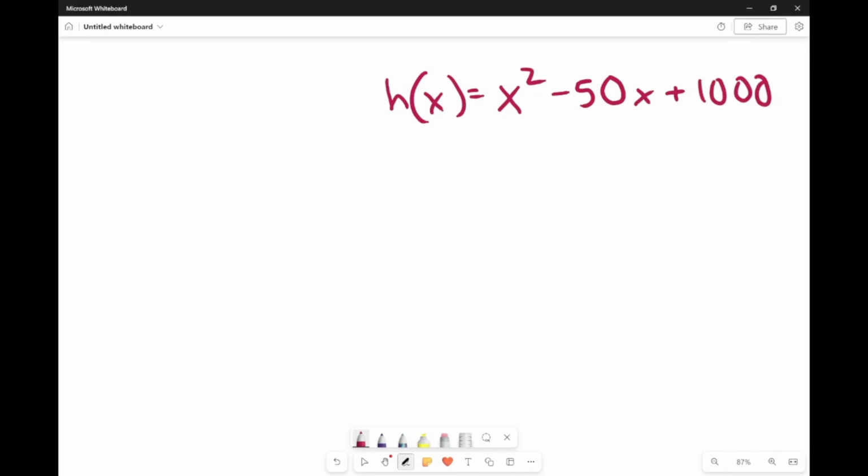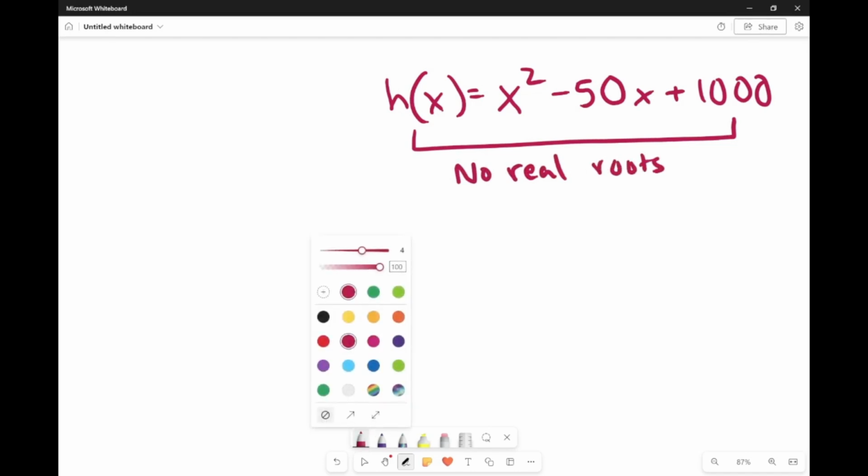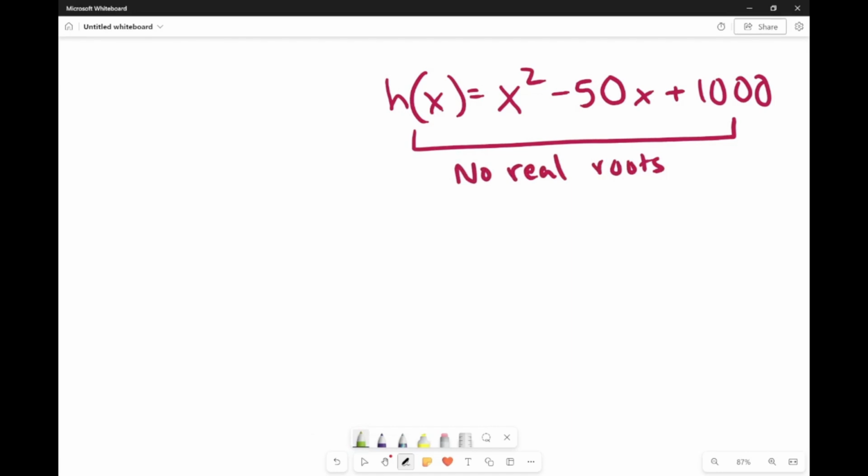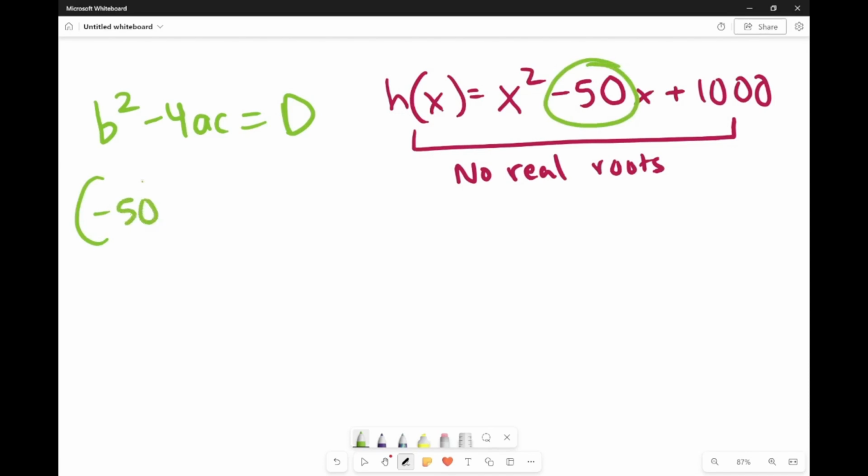And right now, I'll tell you that this has no real roots. But I want to prove this using the discriminant that we spoke about before. So b squared minus 4ac is equal to d. Let's figure out what value d is, and from there we'll consider its relationship with 0. So let's plug things in. b is equal to negative 50, so negative 50 squared minus 4a.